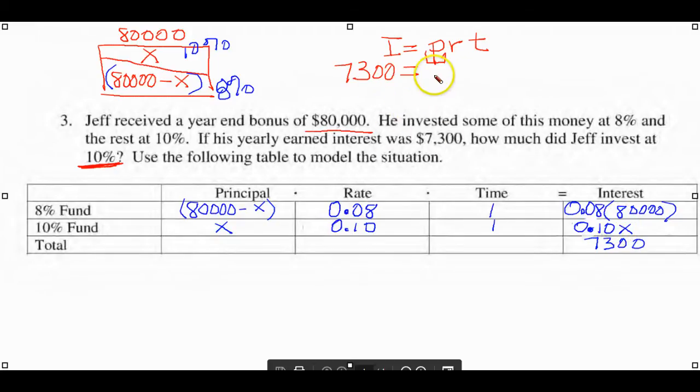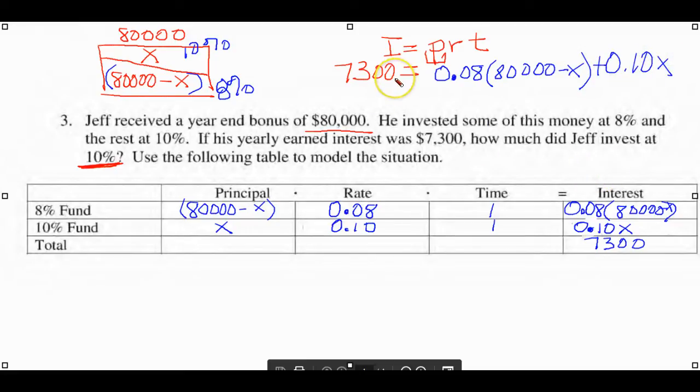So our equation, we can write it up here. 0.08 times 80,000, and I got to put the minus x in there too. Jammed up for room a little bit. And then this one's easy, so it's plus 0.10x.